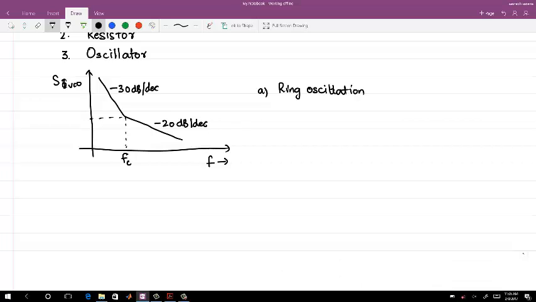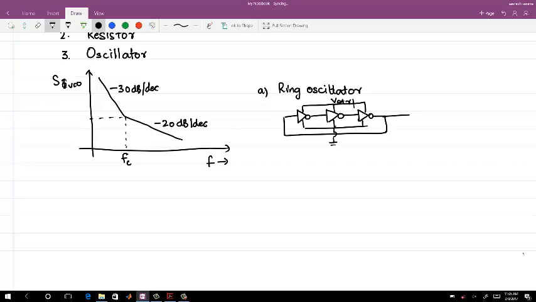So ring oscillator, which is means the simplest one you can say is an inverter ring connected in feedback, and this is the output. The control is the supply of, so this one is ground and this is V control.